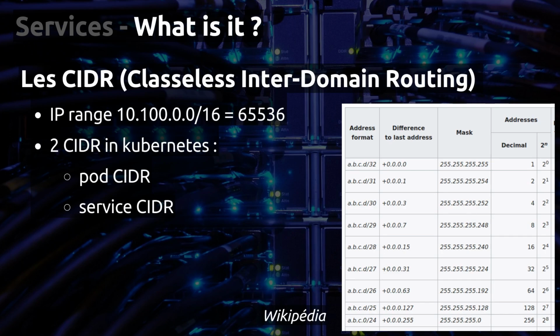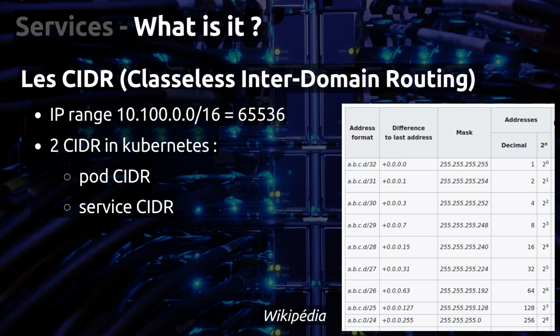Another thing really important to have in your mind is CIDR, the classless interdomain routing. You have one subnet for the pod CIDR, or the pod range, and of course you have another range for the IP of the service.